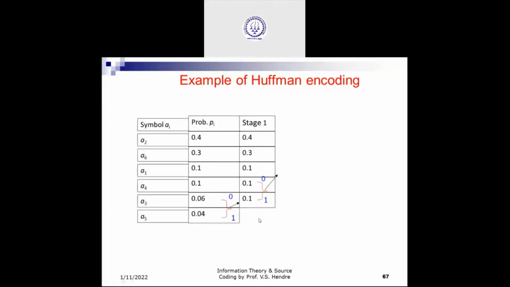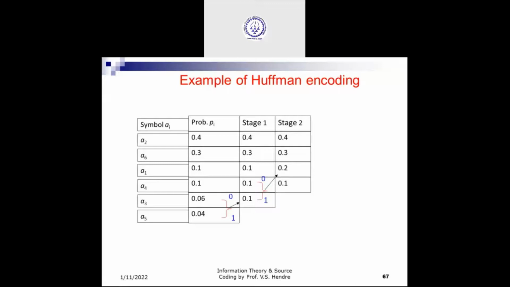Now the next column will have this 0.4 as it is, this 0.3 as it is, but 0.1 plus 0.1 is 0.2, right? And if I arrange it in descending order, this 0.2 will come at this location and this 0.1 will go down, because this column is once again arranged in descending order.